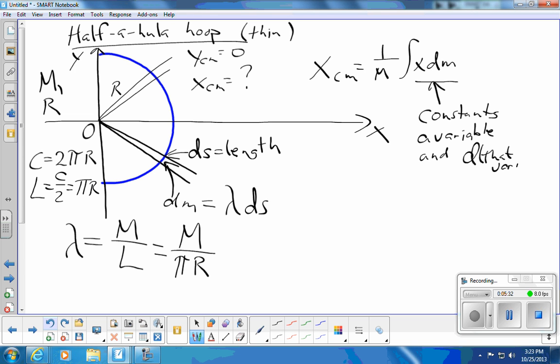So if the variable is x, I want this to be in terms of constants, x and dx. In this case, we're actually going to use a different variable, and here's why. I can express this arc length. Let's see, what's the formula for arc length? Or at least the formula that relates theta, arc length, and radius.